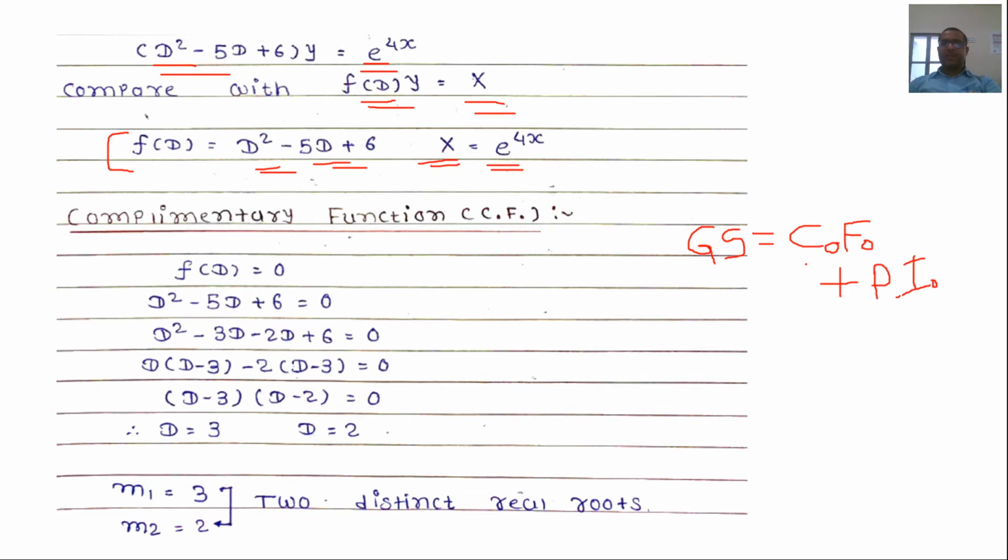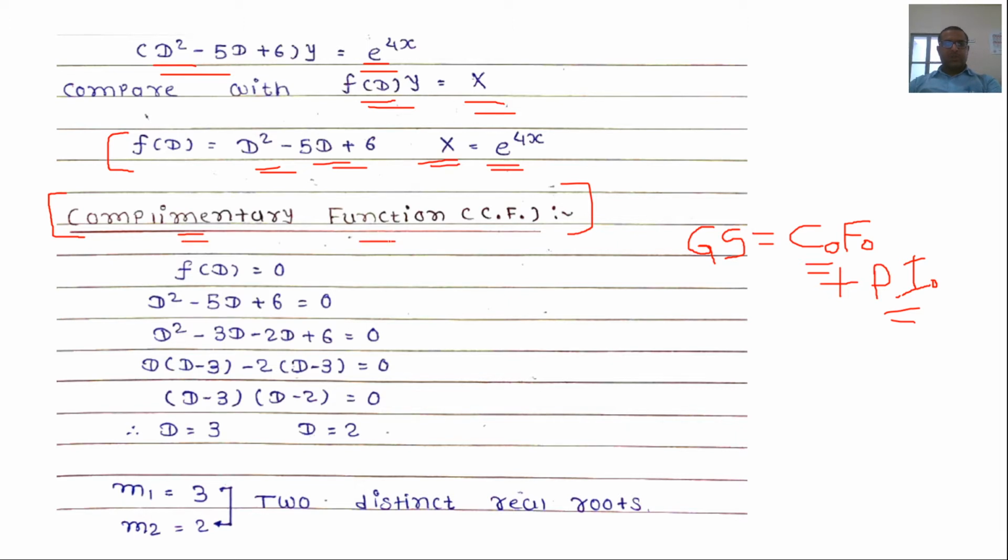So you have to first find the CF and then find the PI. The first part is the complementary function. Let us discuss how to find the complementary function.